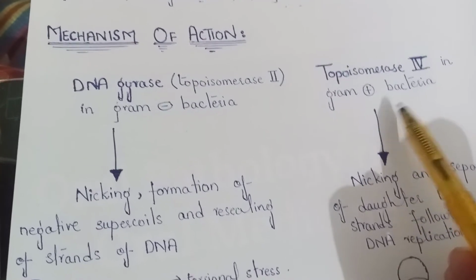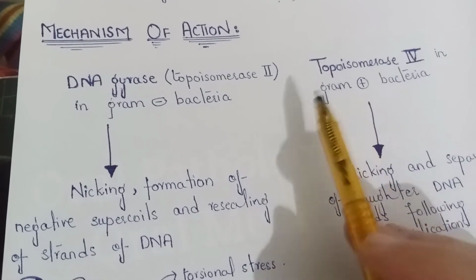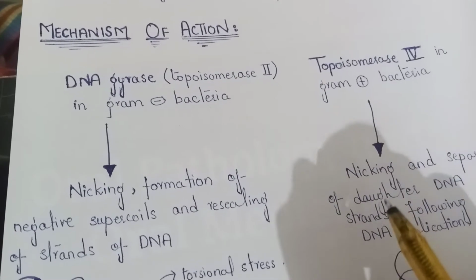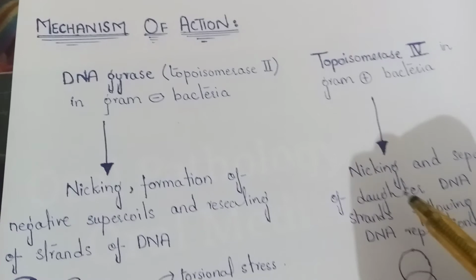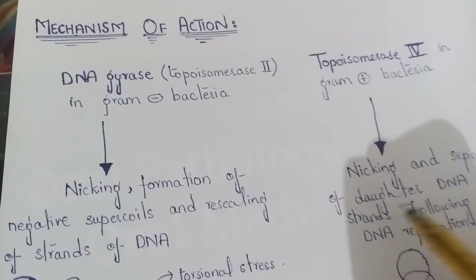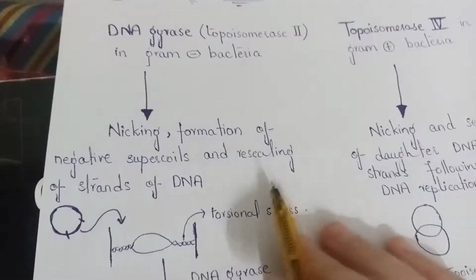Or you may say both enzymes are present in both bacteria, but the drug shows more effectiveness towards DNA gyrase in gram-negative bacteria, and towards topoisomerase 4 in gram-positive bacteria.